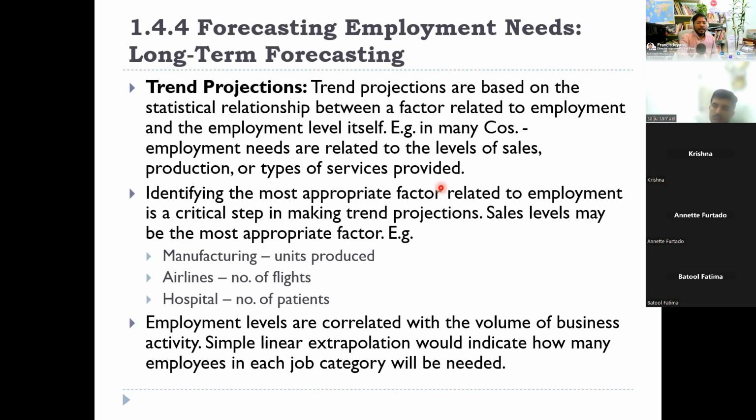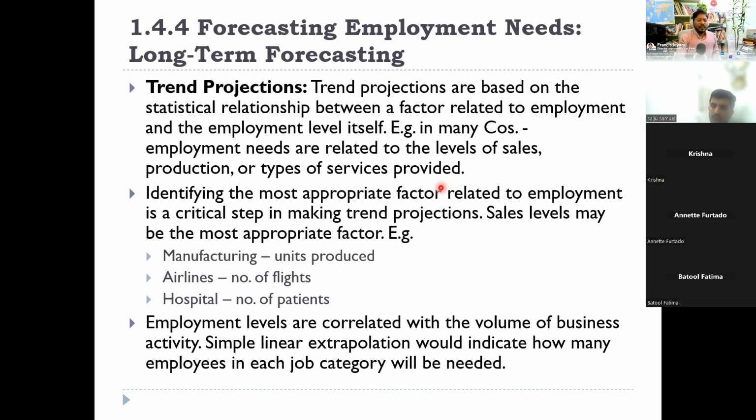For example, take Al Mulla Exchange. You recruit or deploy people in the department based on the volume of the business: the number of transactions, services being provided, how frequently customers are visiting, and the level of services happening.